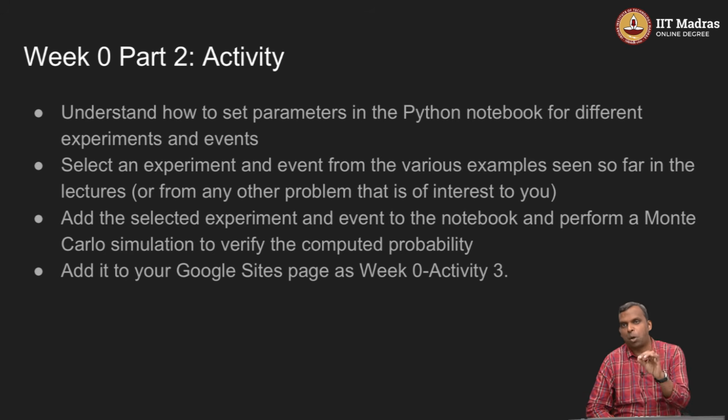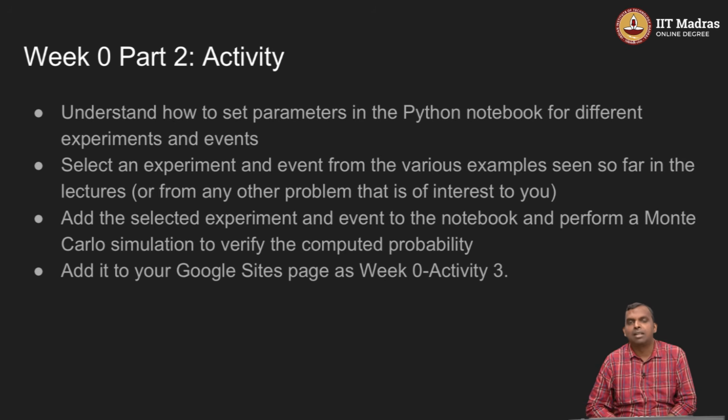You compute the probability of that event in theory and print that value. Then repeat that same experiment in Monte Carlo, and verify by simulation whether the probability value matches. Do that for any experiment of your choice, take your own version of the notebook, add that at the bottom, and then put it on your Google Sites page.